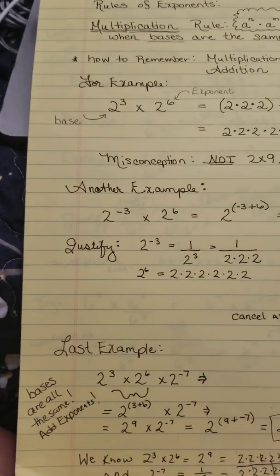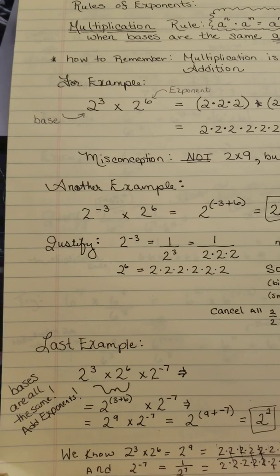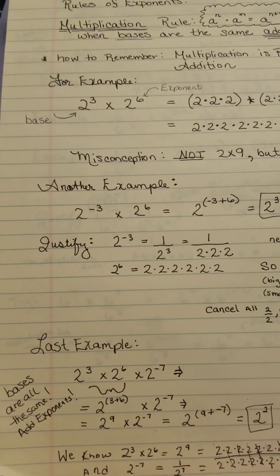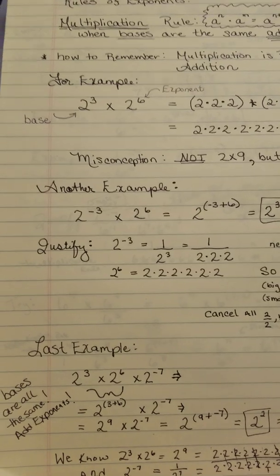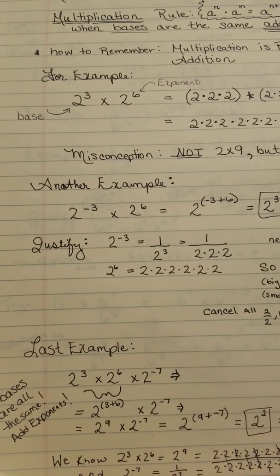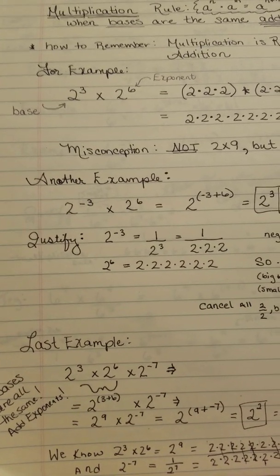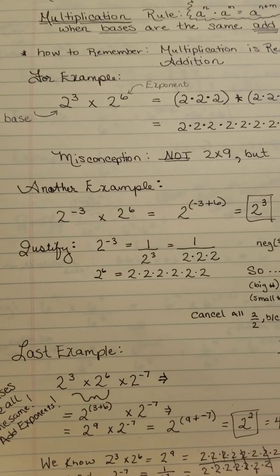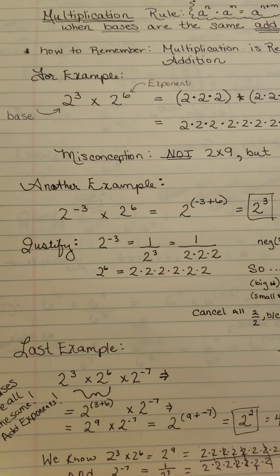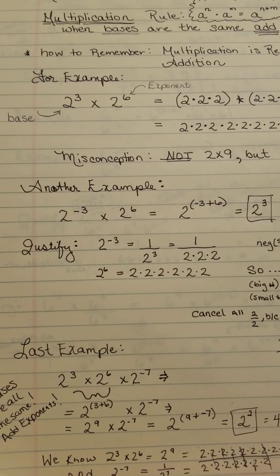All right, here's another example with a negative. Oh no. 2 to the negative third power times 2 to the sixth. Well, we do the same thing. When bases are the same and we are multiplying, we add our integer exponents. Negative 3 plus 6. We have 3 negatives, 6 positives.